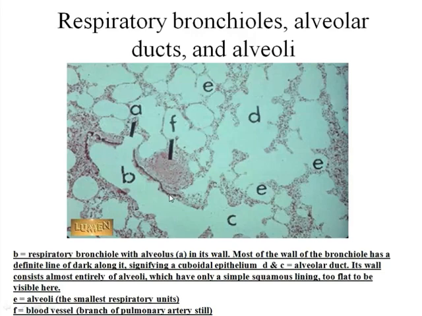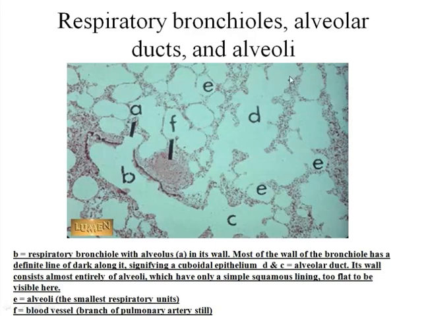That signifies the cuboidal epithelium. When we say there is a cuboidal epithelium, because of this dark line color, we can understand that it is a respiratory bronchiole. And now this portion you see here, and this portion here, and this portion here. These are the many alveoli opening in the central portion.